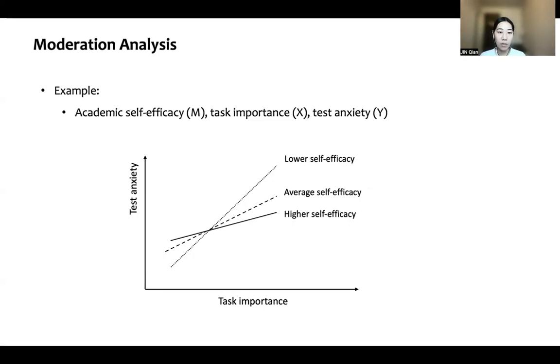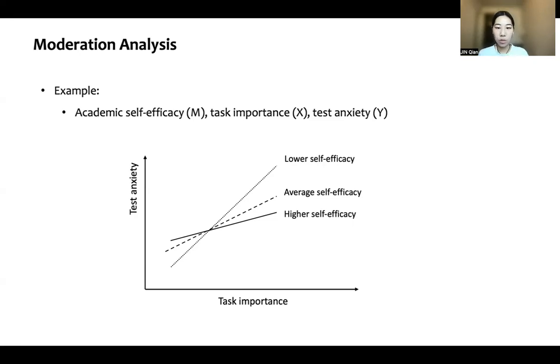It is the confidence in doing well in your coursework. So assume that we have a positive relationship between task importance and task anxiety. And for people with different academic self-efficacy, the strength of this relationship might change, right?